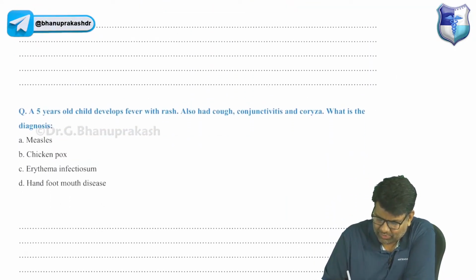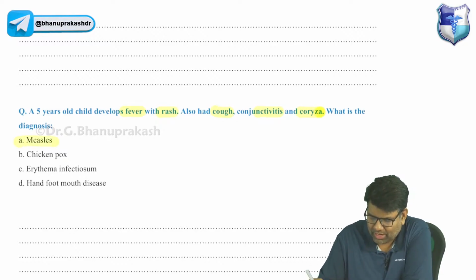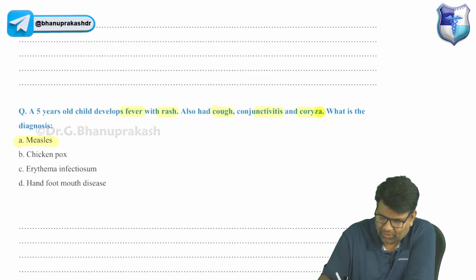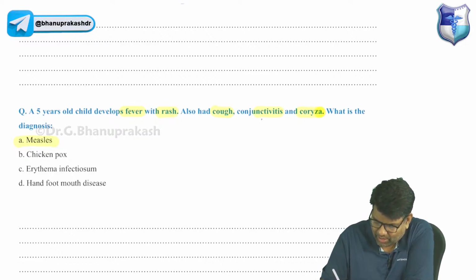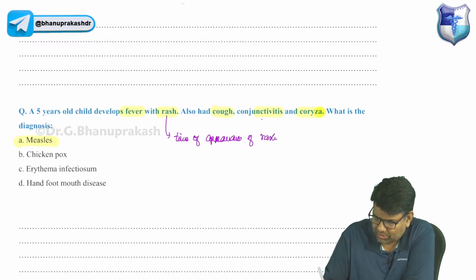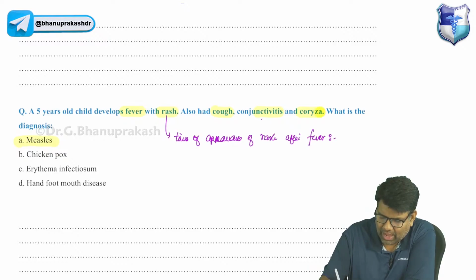A child develops fever with rash, cough, conjunctivitis, and coryza. Measles, perfect. Coryza is running nose. This is all classical for measles. And what is the time of appearance of rash after fever?